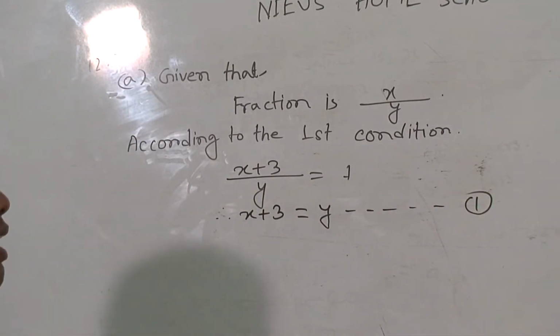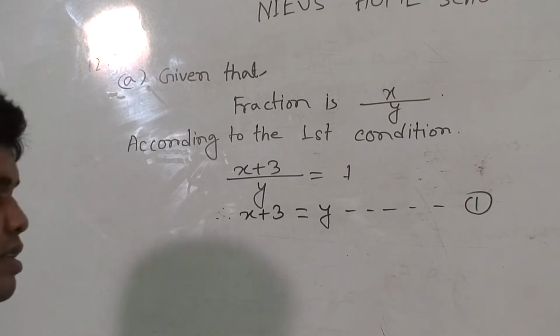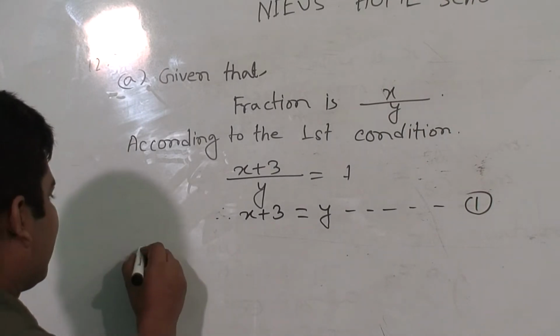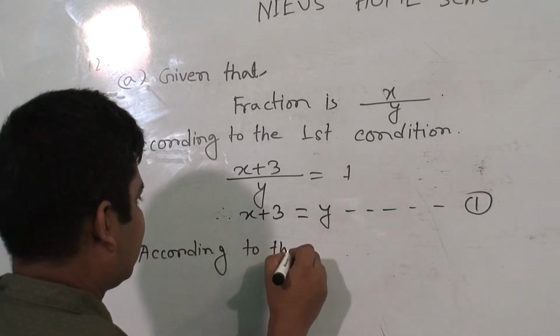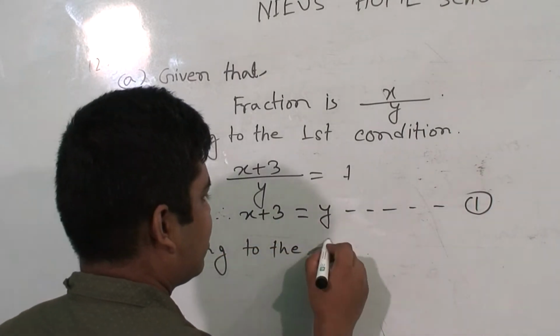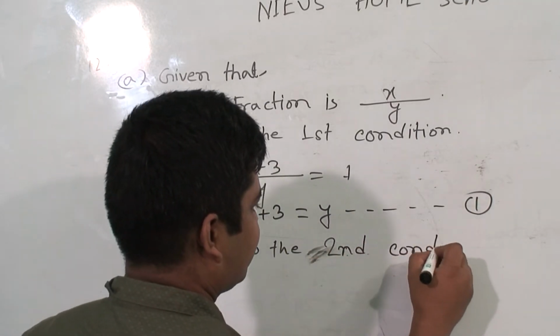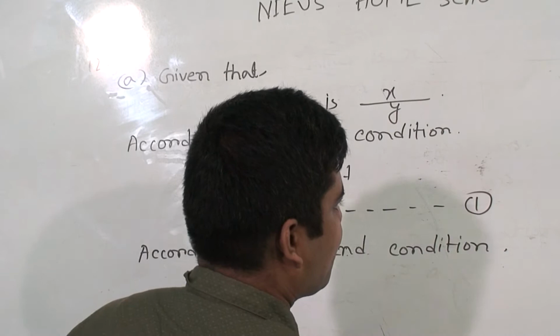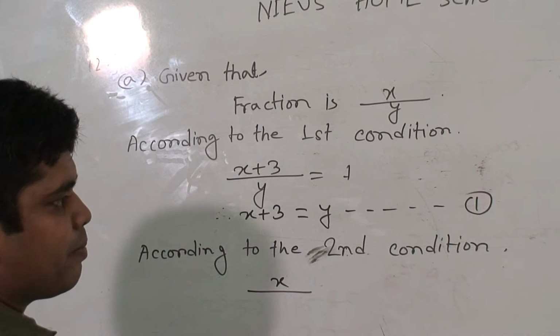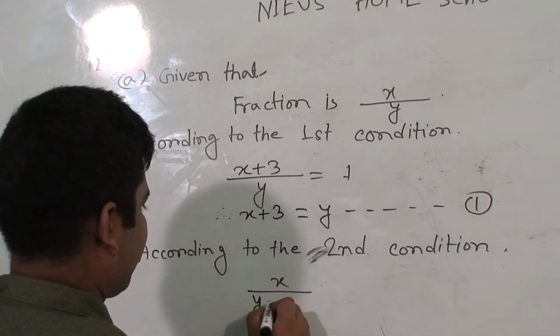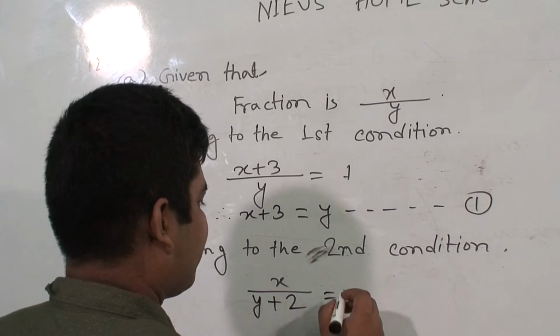Next we shall find equation number 2. Again, if 2 is added with the denominator, this time the numerator will be the same but the denominator will be changed. Denominator will be y plus 2. According to the second condition, notice, x remains same and y becomes y plus 2, and it will be 1 by 2.